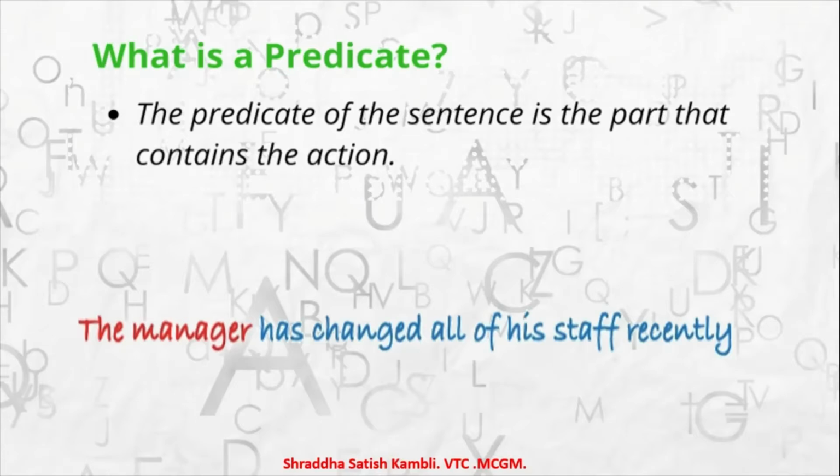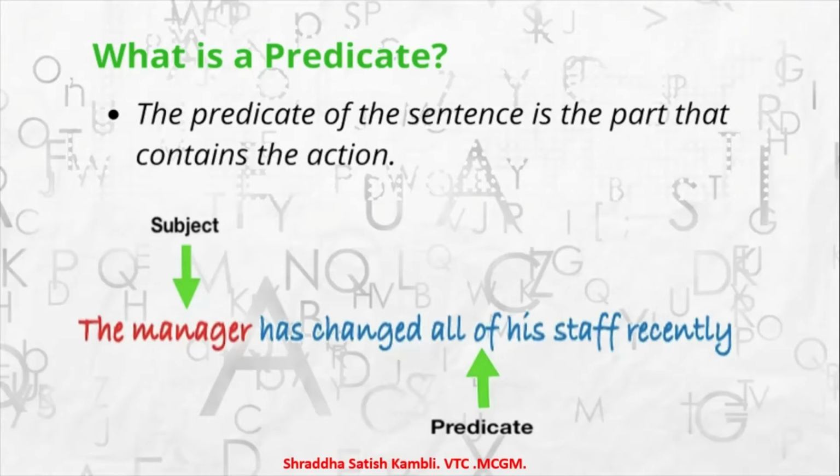The manager. So the manager is the subject in this sentence. What has the manager done? He has changed all of his staff recently. So some action is happening here. So this part of the sentence, has changed all of his staff recently, is the predicate.